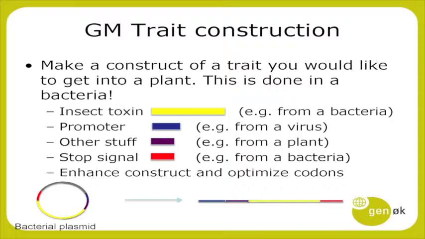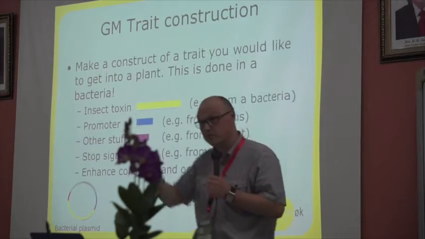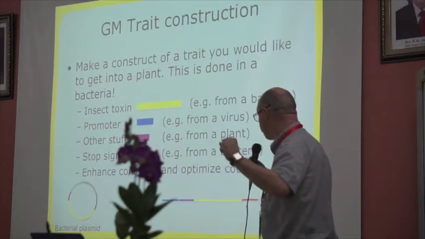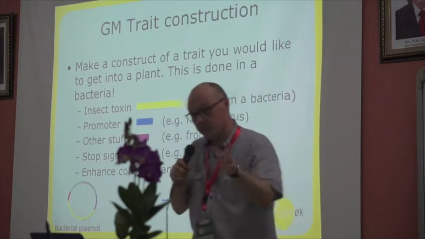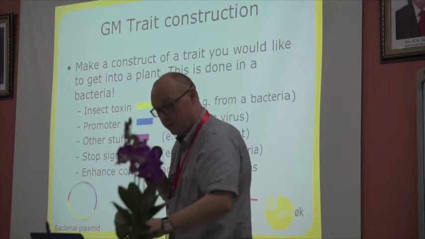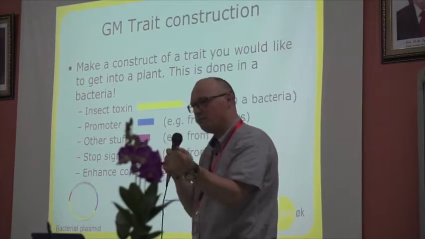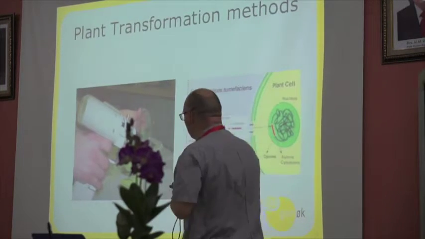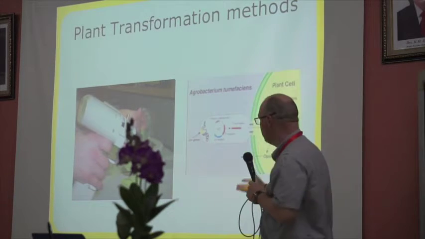And you make that, and you have put it together, and you optimize the codons. Talk a little bit about optimizing codons to a language that the plant can understand, from the bacterial language to the plant language. And then, well, you have it, but you haven't really, because you need to get it into the plant, right? So one of these two methods I mentioned here.